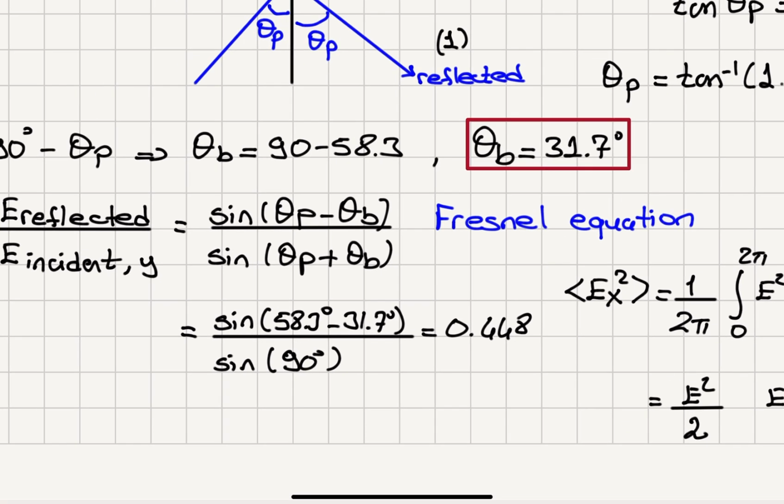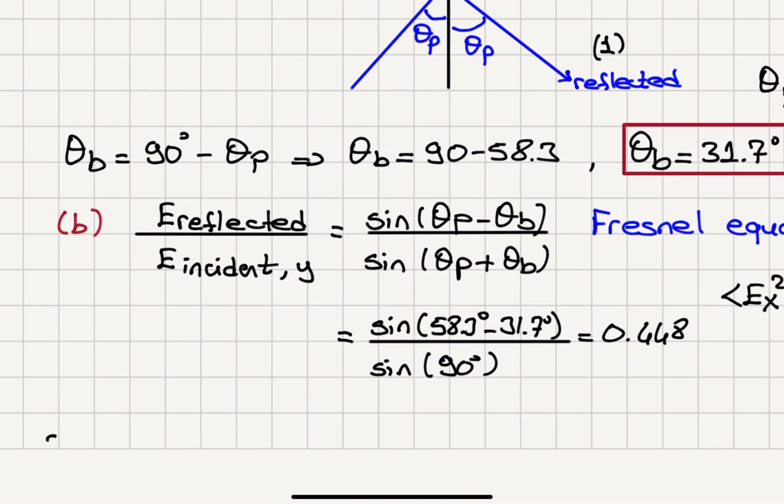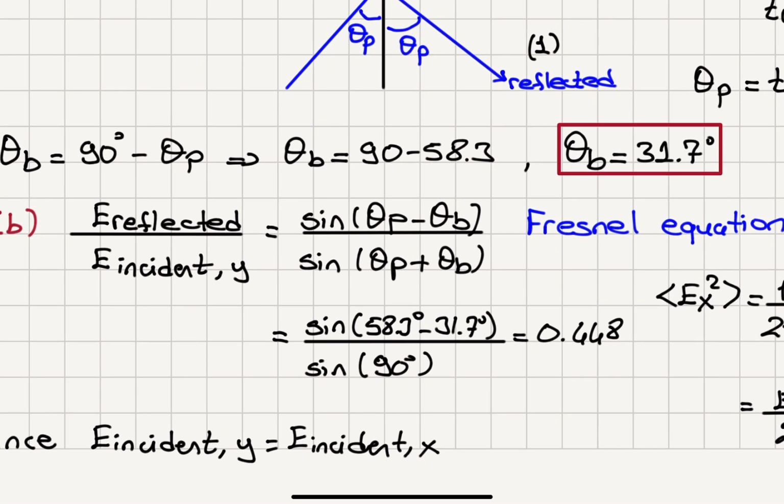So I note that in the incident wave the magnitude of the y component is E, and the magnitude of the x component is also E. This is equal to also E incident divided by square root 2.